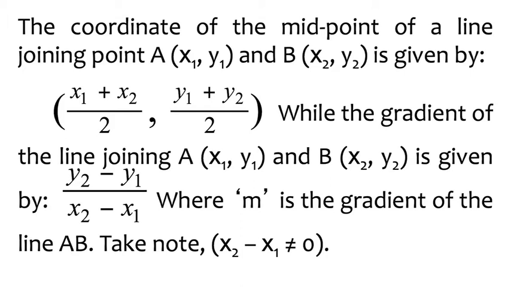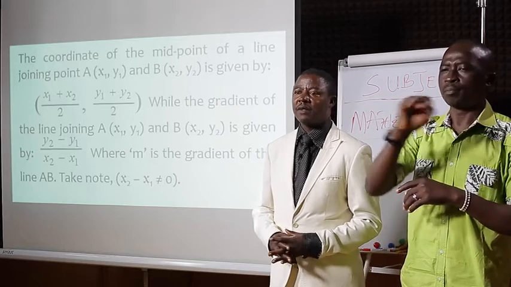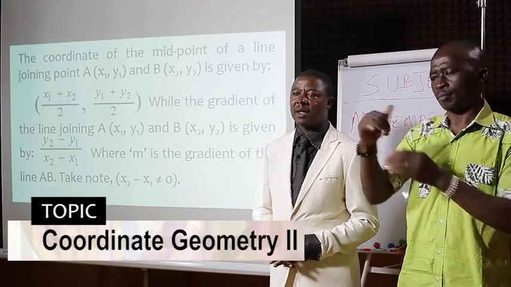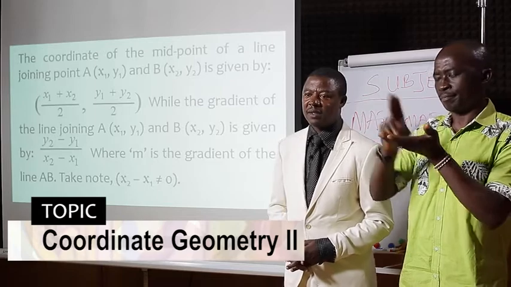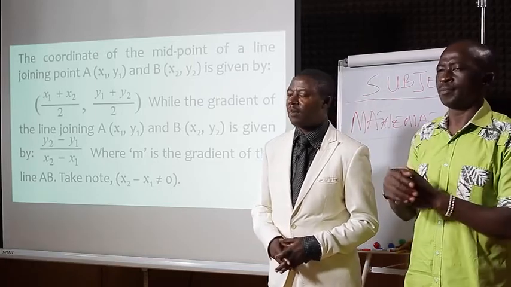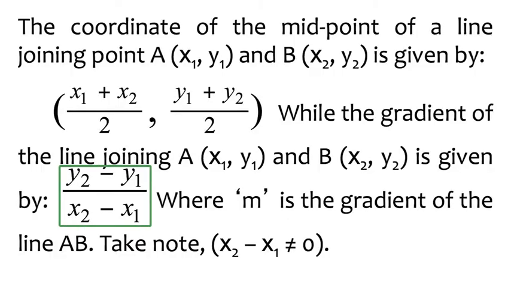A and B is given by letter M. M denotes gradient. So M is the increase in the y-axis divided by the increase in the x-axis. So our gradient M is given by y2 minus y1 divided by x2 minus x1.